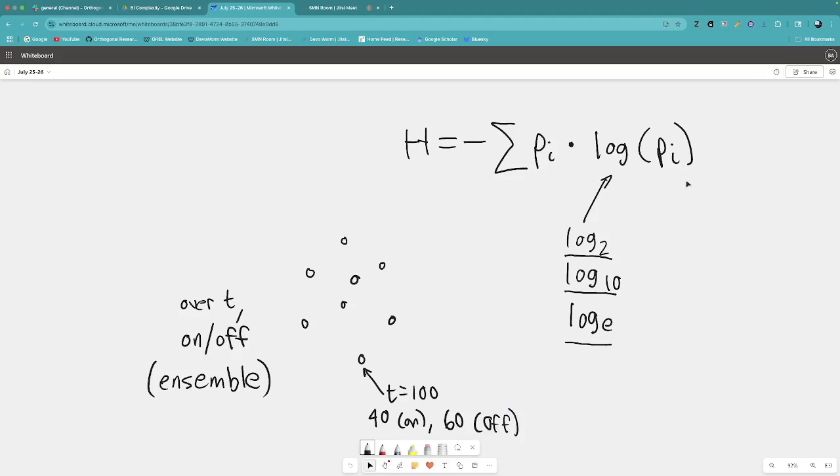So we plug 40 and 60 into p_i, and I guess it could be 0.4 or 0.6, depending on how we calculate this probability. Then we take the log of that probability, so we normalize it, and then we multiply it by that same probability as a normalization procedure.